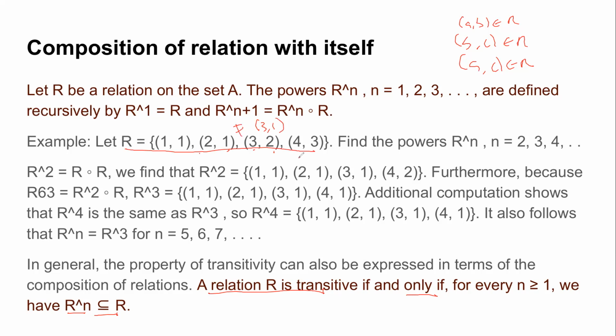So it's not transitive. That's why its powers are not subsets of it. Like R square, which is 1, 1, 2, 1, 3, 1, 4, 2, is not a subset of this. There are some extra elements. But now let us look at R3. Is R3 a transitive relation?